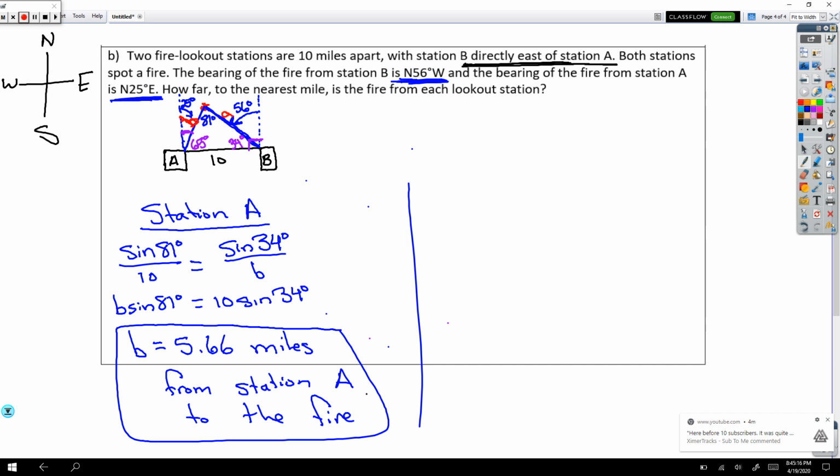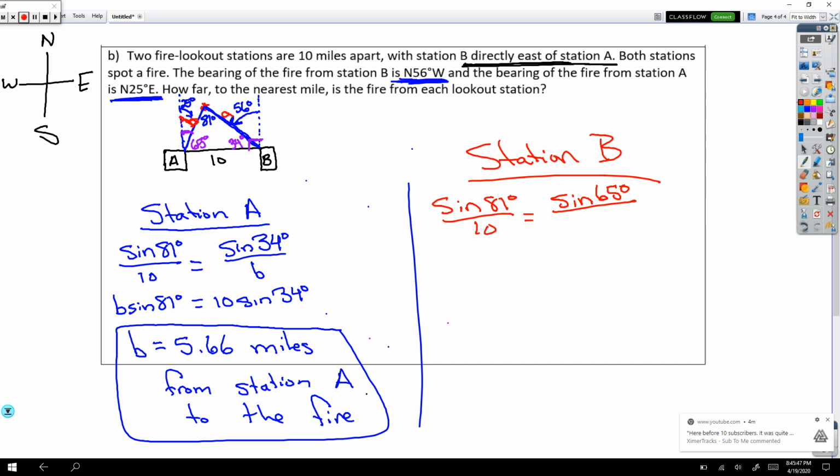Alright, now doing the same thing for station B. So again, we're going to start with what we know. We know sine of 81 goes with 10. So sine of 81 degrees over 10. Now, the side denoted with A represents the distance from station B to the fire. So that means I want to use the 65 degrees in the A. So sine of 65 degrees all over A. Cross multiply.